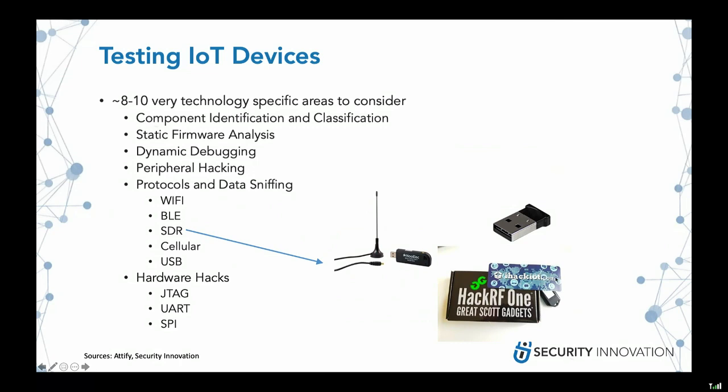On iHackIoT.com, you can get all sorts of neat gadgets like the one shown at the bottom. And that little tiny USB transmitter is just an example of what a Bluetooth Low Energy device would look like. So all of these are freely available. Most of them are pretty inexpensive. And again, thanks to our friends over at Adafruit and the engineers here at Security Innovation for helping identify some specific tools that are available.